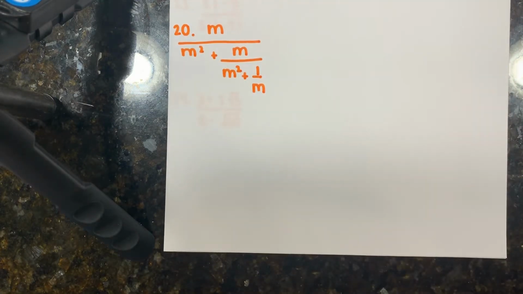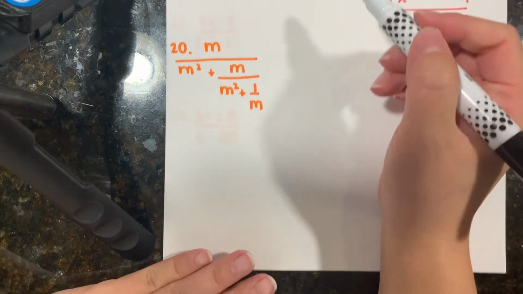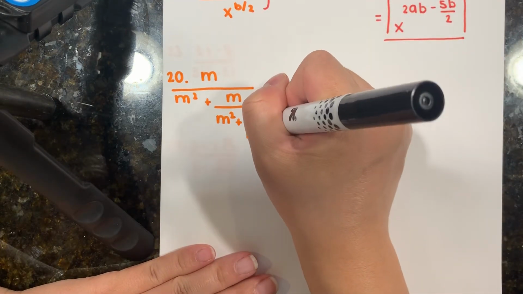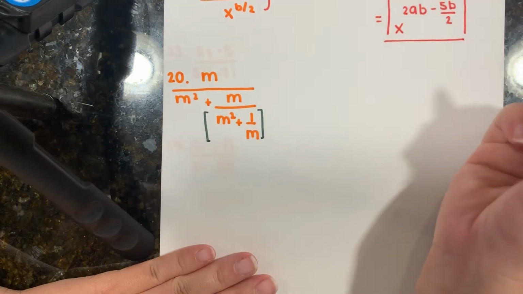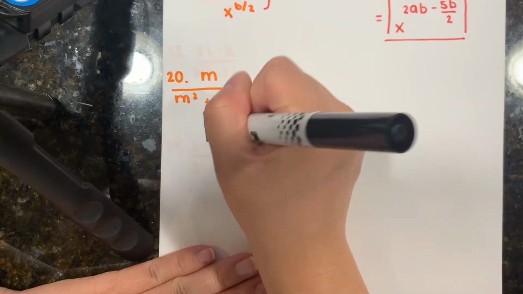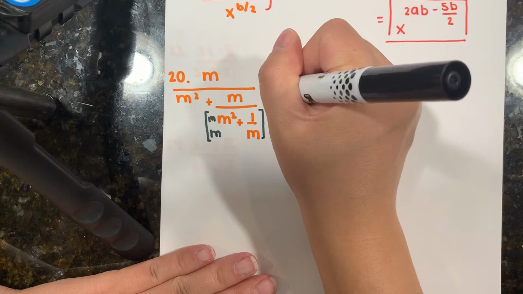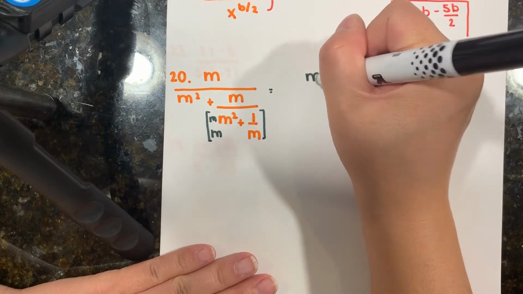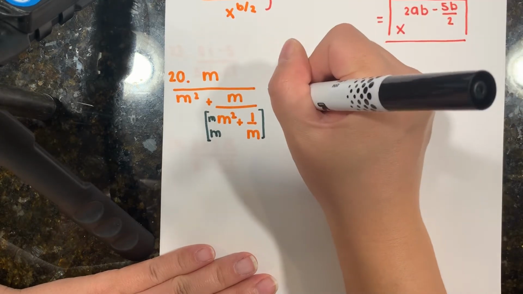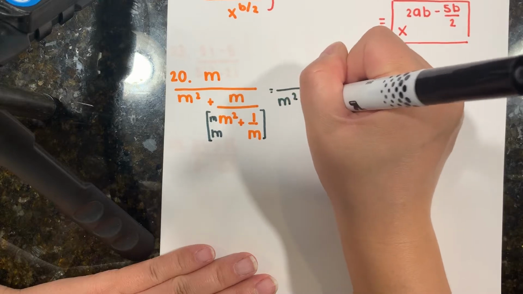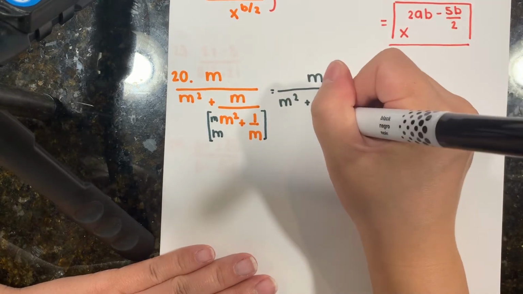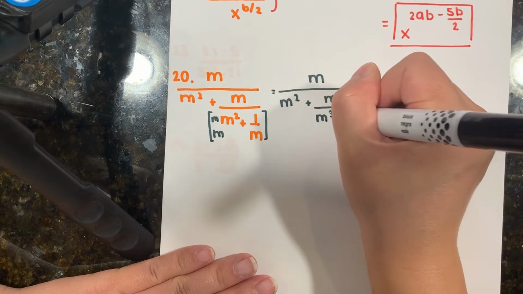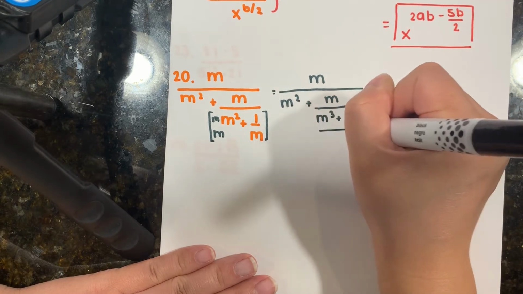Now for number 20, I'm going to start in the denominator by making a common denominator with these two fractions. The common denominator is going to be m, so I'm going to multiply top and bottom by m. Everything else is going to stay exactly as is. I'm going to have m over m squared plus m over, and this would turn into m cubed plus 1 over m.